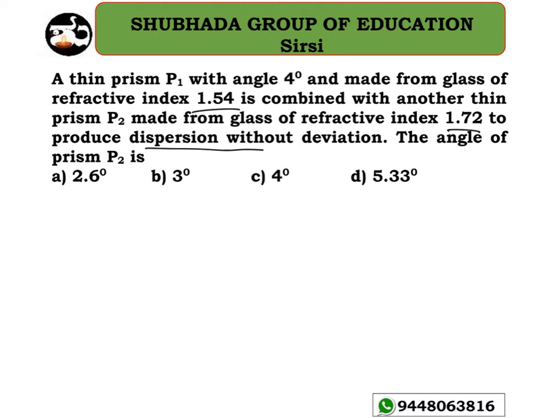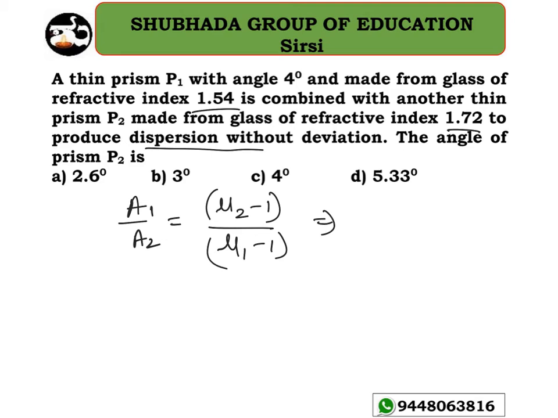What I have seen is that the angle A1 over A2, the angles of prisms P1 and P2, must be equal to (mu 2 minus 1) divided by (mu 1 minus 1).